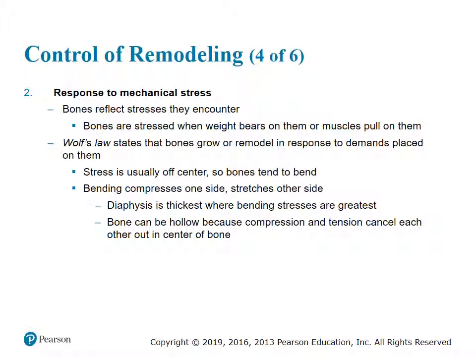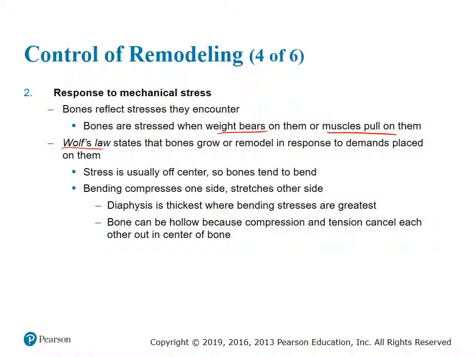And so we'll talk a little bit about mechanical stress or physical stress on bones. So again, when there is weight being borne, or force, or muscle getting pulled, that's usually indicating to parts of the bone to start growing.